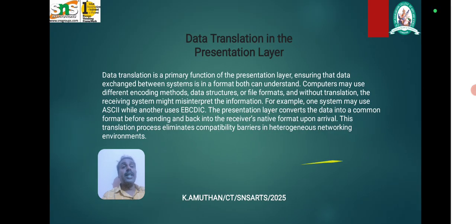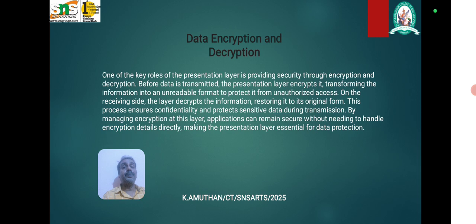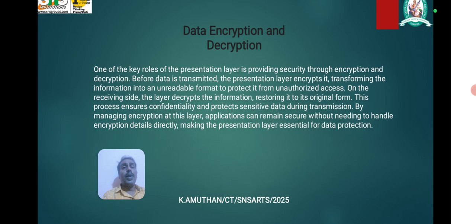Data encryption and decryption. One of the key roles of the presentation layer is providing security through encryption and decryption. Before data is transmitted, the presentation layer encrypts it, transforming the information into an unreadable format to protect it from unauthorized access. Why the encryption? It's cipher data.